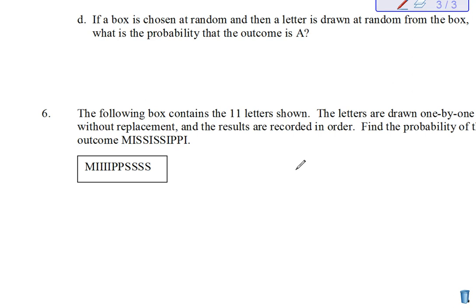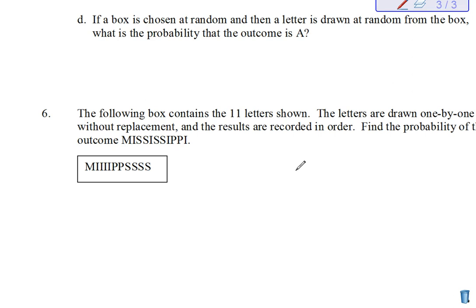So we have this box. It has 11 letters in it. We're going to draw one by one without replacing, and I want the outcome to be Mississippi.